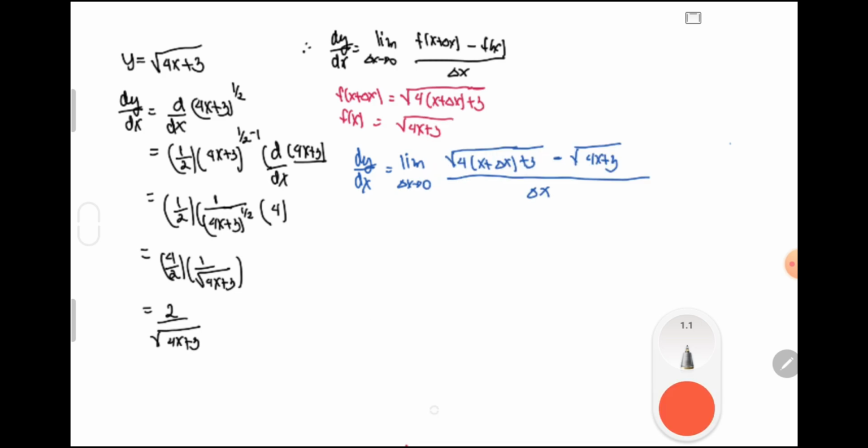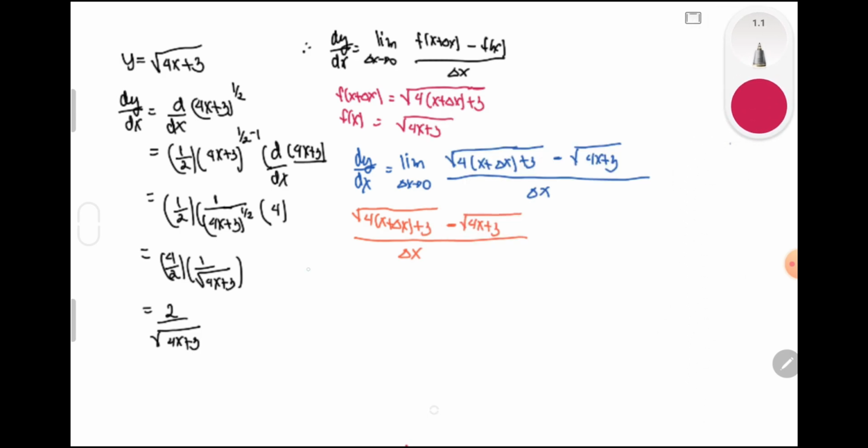So first, before I solve the limit of this one, let's simplify it first. We have the square root of 4 multiplied by (x plus delta x) plus 3 minus the square root of 4x plus 3, divided by our delta x. So take note that in our prelim, I said that for these kinds of problems, our objective is to get a squared minus b squared.